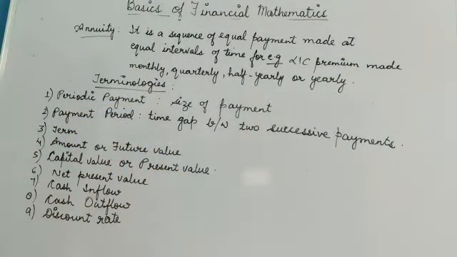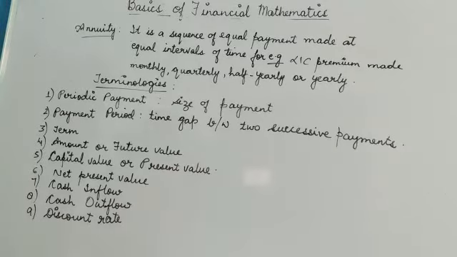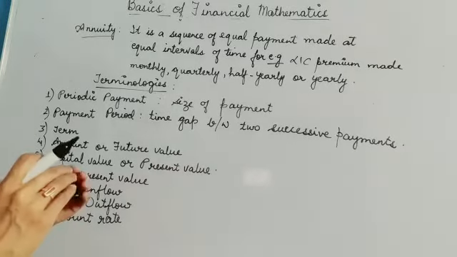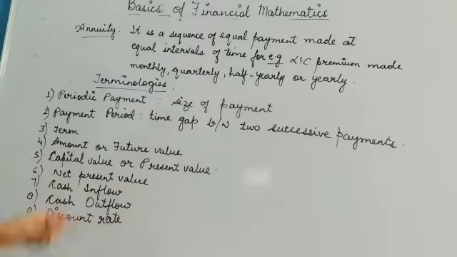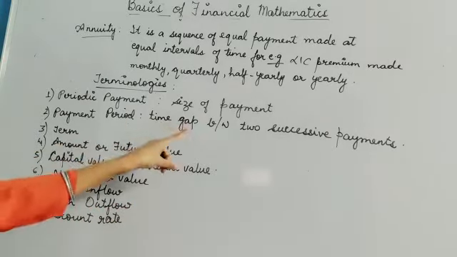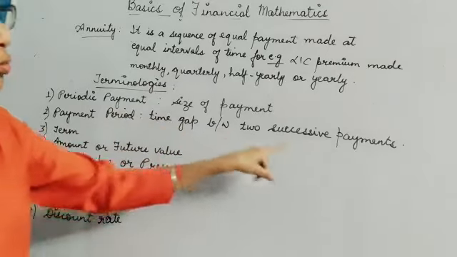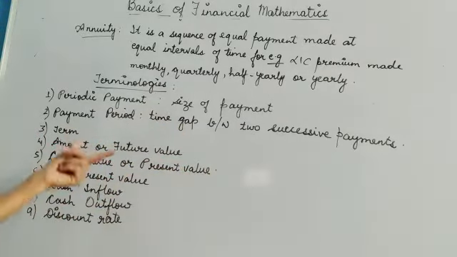For example, rupees 1000 is paid on every 15th of each month or 10th of each month. So payment period means the time gap of two successive payments is your payment period.